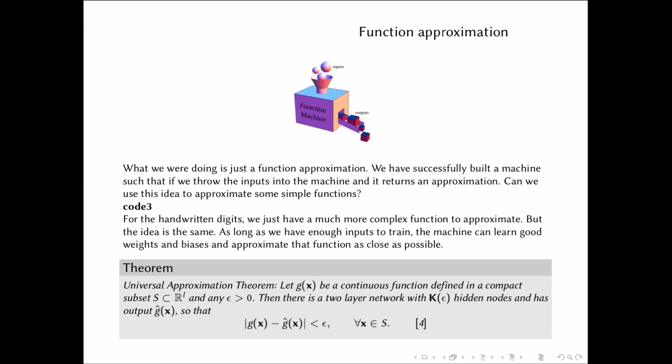Then there is a 2-layer network with k hidden neurons, so this k is a function of the epsilon I choose. It depends on this epsilon. And if we have output g hat of x, the absolute value of their difference is going to be less than epsilon for all x in S. So that's the universal approximation theorem.